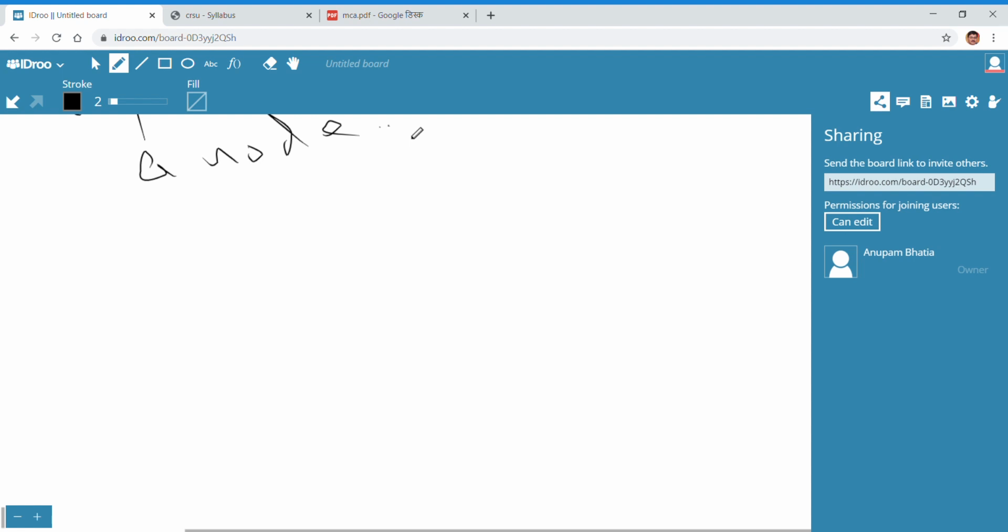Next one, the third parameter which is associated with it is the network diameter.